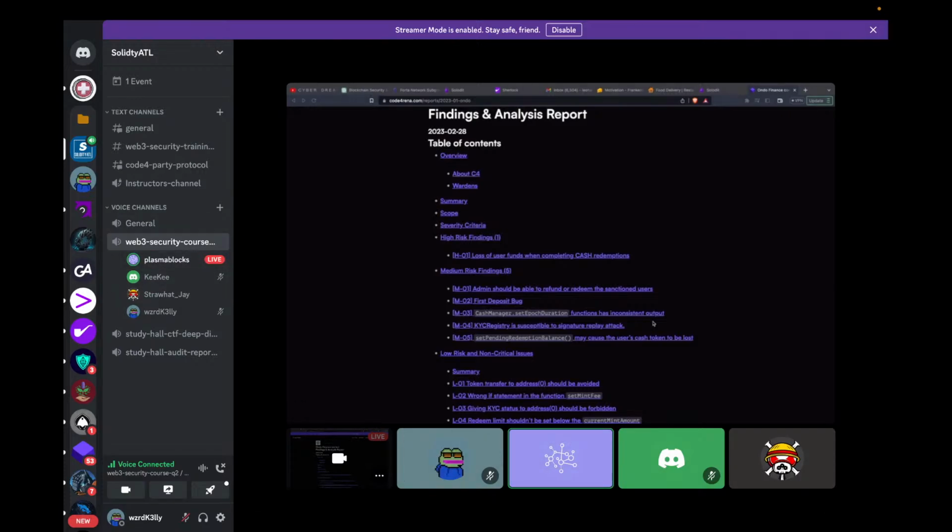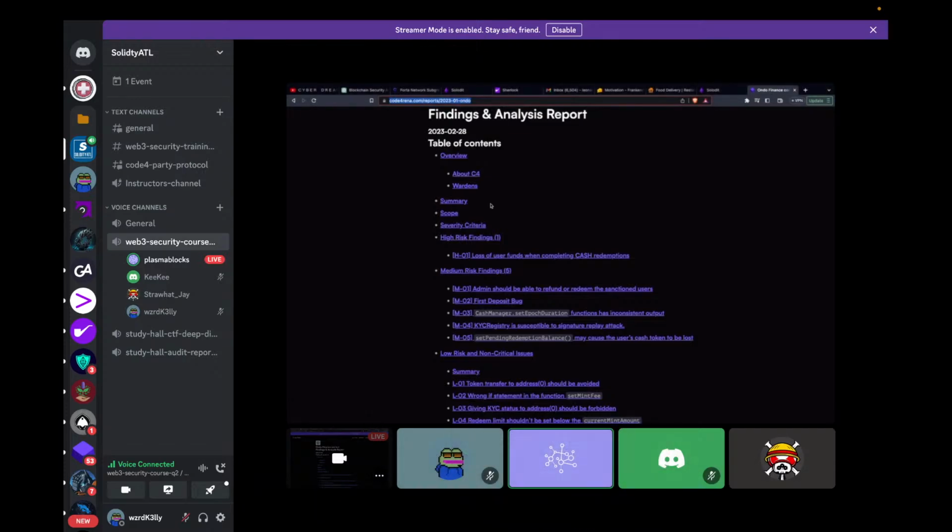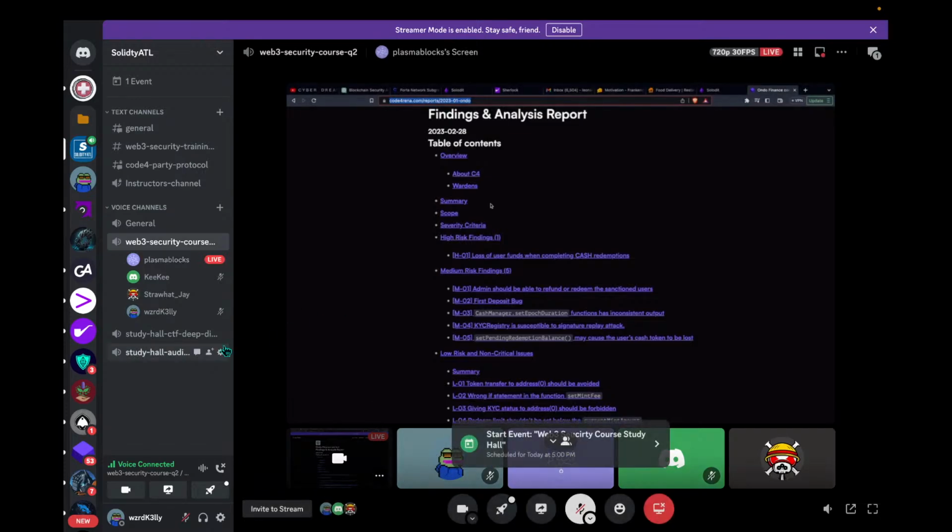Usually there's an overview section talking about the protocol, what it does. It's pretty common to have a summary section as well. And this also helps the people writing the report validate they understand what they're reading correctly. So that summary is, hey, if there's this DEX protocol, here's how it works, and here's how we understand it to work.